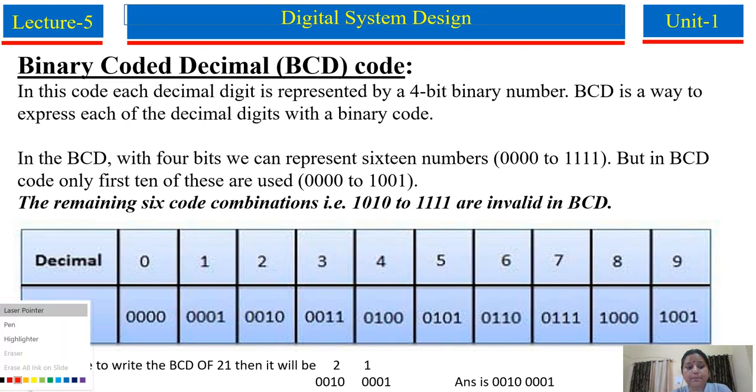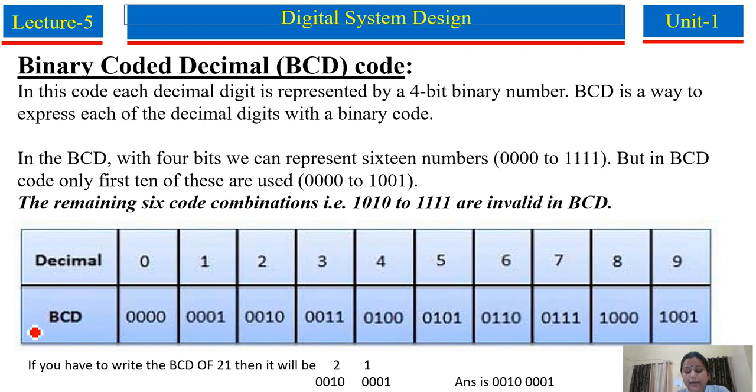So how many bits are required for representing this decimal number? In the last lecture we discussed this formula: 2 raised to n is equal to the number of possible digits. Here the number of possible digits is 10, and n is the required number of bits for representing the decimal number in binary.